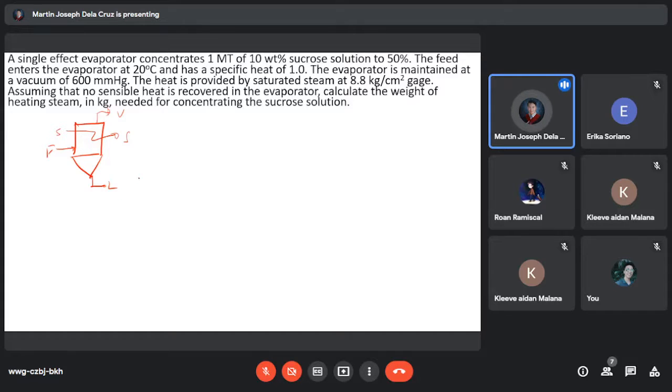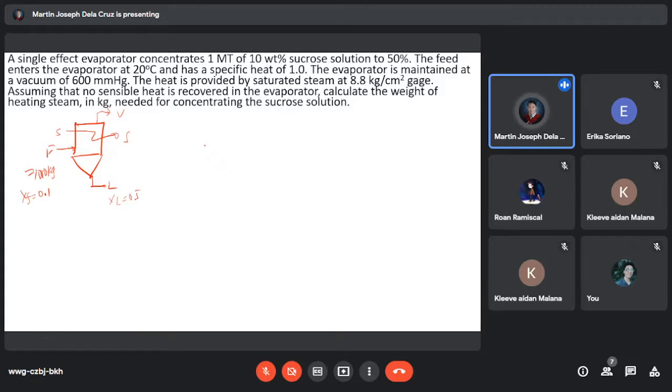So 1 megaton, a metric ton pala to class. 1 metric ton is also 1,000 kilogram of 10%. So you have XF is equal to your 0.1. And then nag-concentrate siya to 50%. So XL is equal to 0.5.